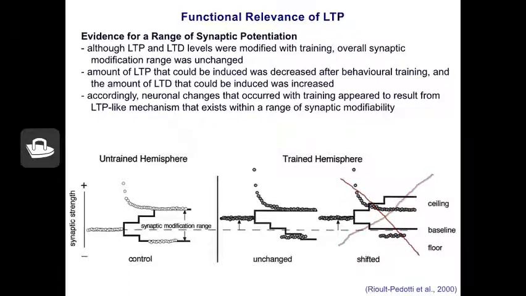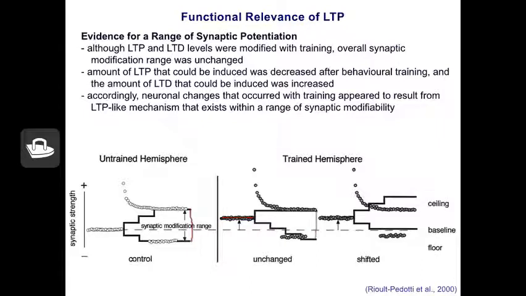So the model in the middle shows that the range of modifiability is actually set. It's the same range right here as in the naive synapse, except we're starting out higher up in the range.